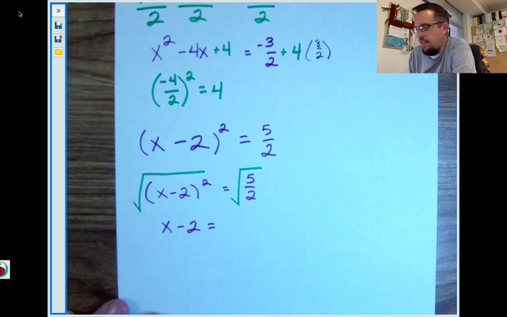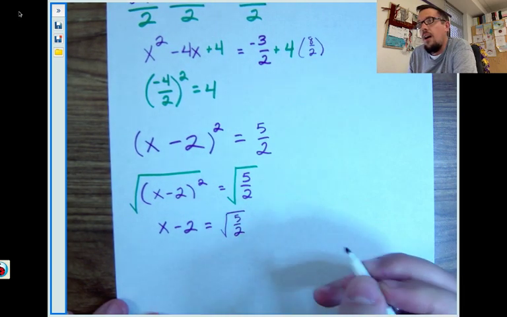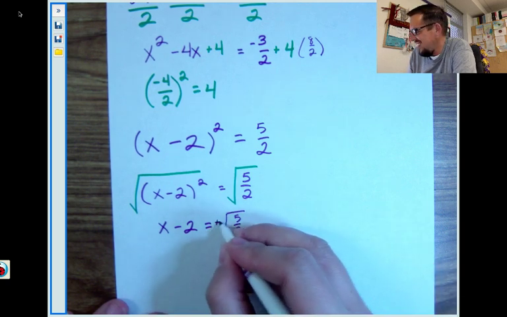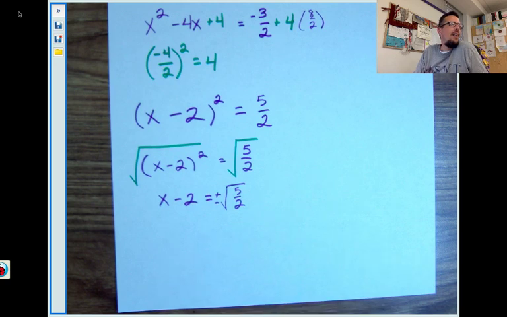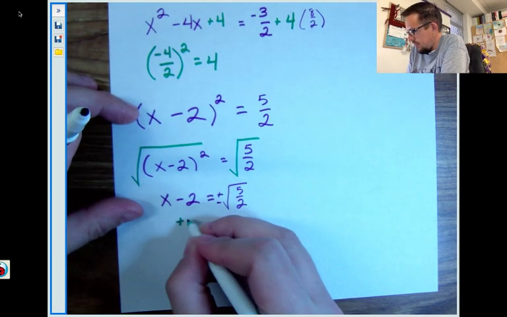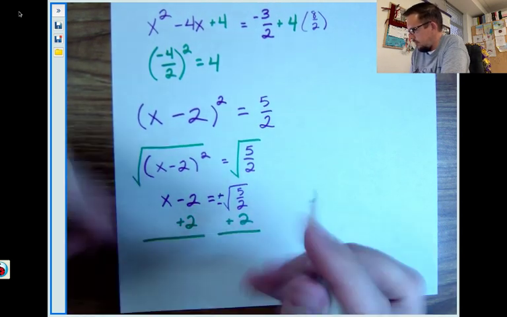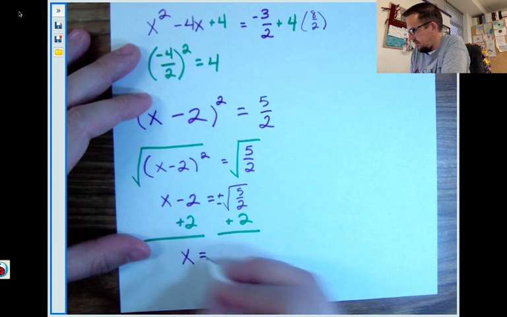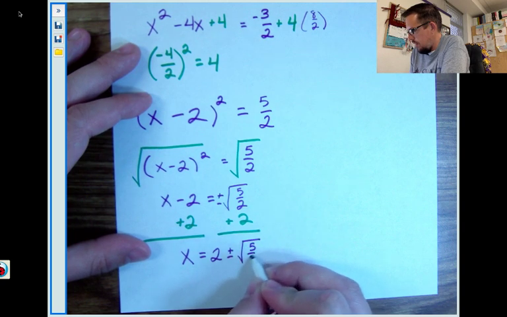And the square root of 5/2, Lord have mercy, I'm just leaving that as the square root of 5/2. There we go. Plus 2. Good. Plus 2 on both sides. So 2 plus or minus the square root of 5/2.